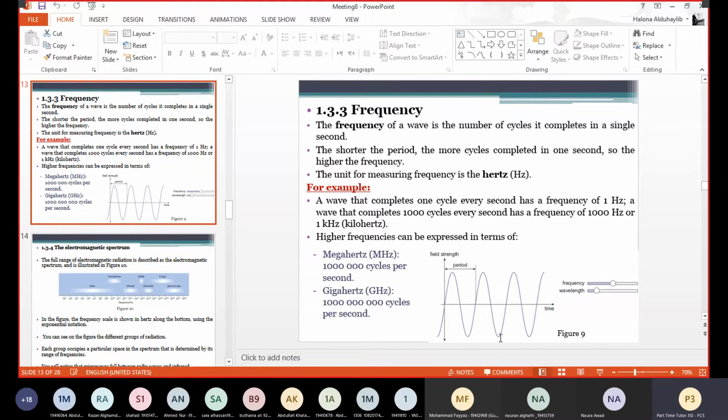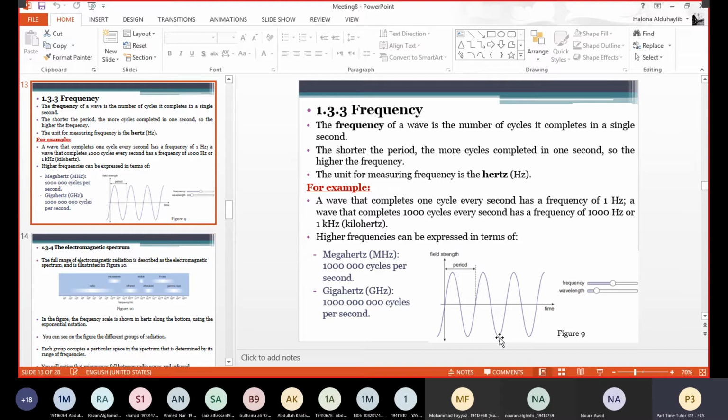The unit to measure frequency is hertz. So hertz is the unit to measure the frequency of waves. A wave that completes one cycle every second has a frequency of 1 hertz. A wave that completes 1,000 cycles every second has a frequency of 1,000 hertz, or we can refer to it as 1 kilohertz.